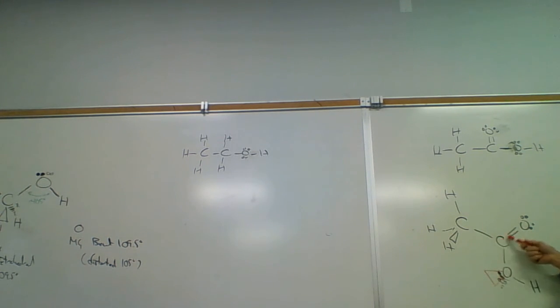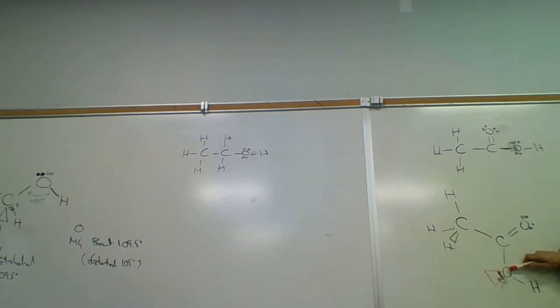The CCO angle down here should be 120, and the OCO angle should be 120. So all these should be 120. However, double bonds take up more space. So what that's going to do is it's going to widen this angle to about 122. This one's going to get widened to about 122, which means this one's going to get compressed to about 116. Those are distortions.